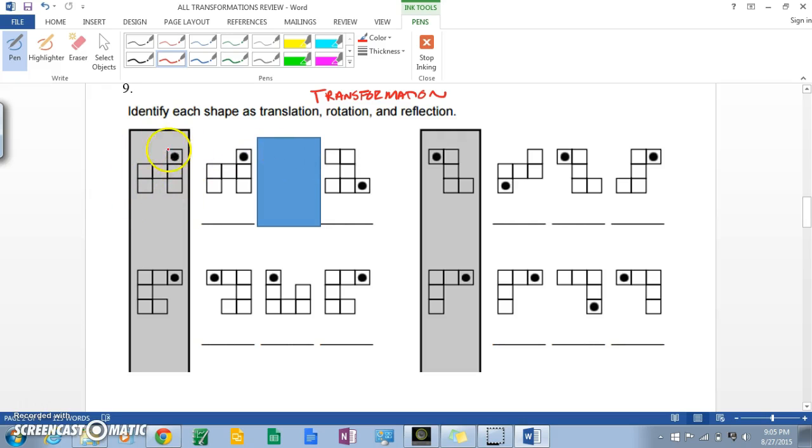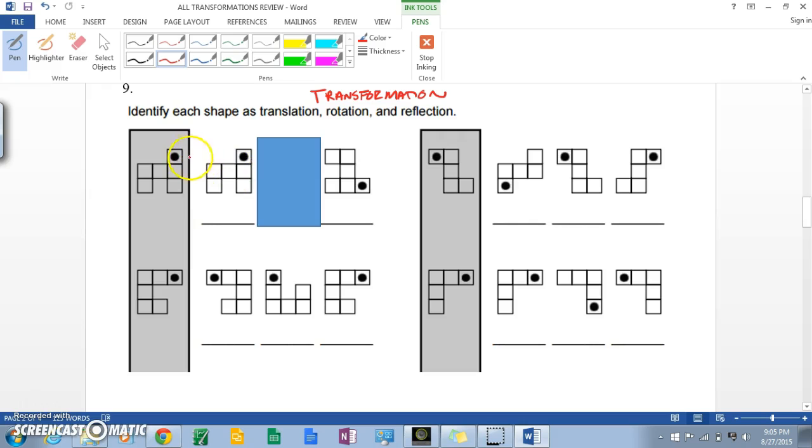So this is our original shape, and it's asking, did a translation happen, did a rotation happen, or did a reflection happen? So we're going to compare each one of these shapes to the original.